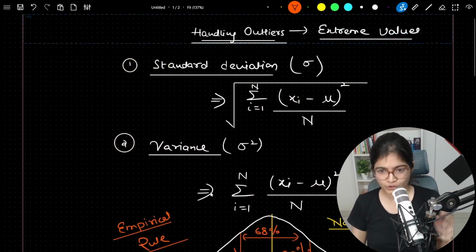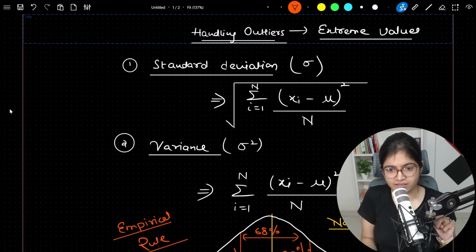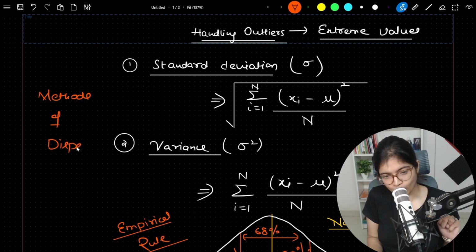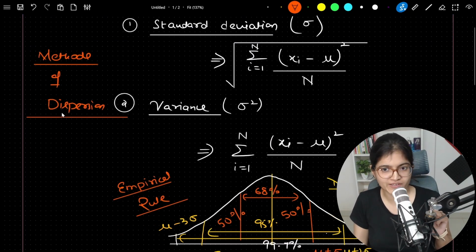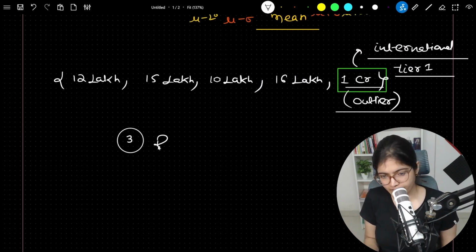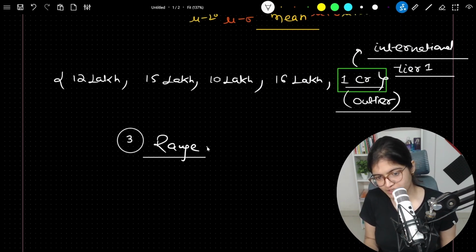Now, two things I have talked about as the methods of dispersion: one is standard deviation, another one is variance. The third one is again very simple, something called range, which is the maximum value minus the minimum value.